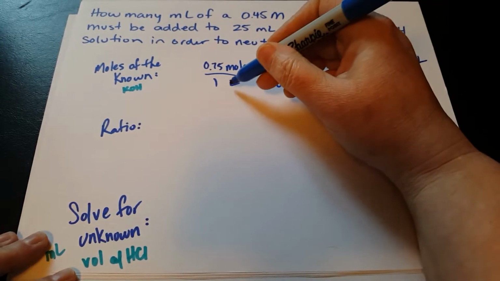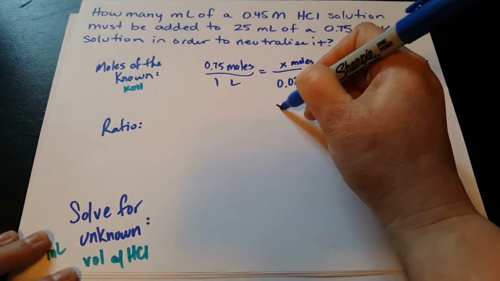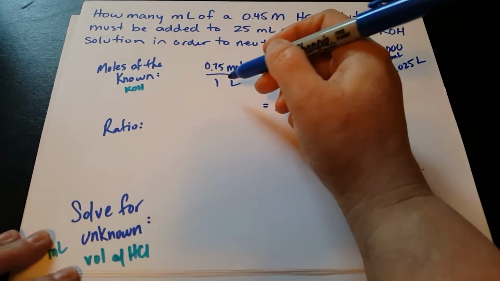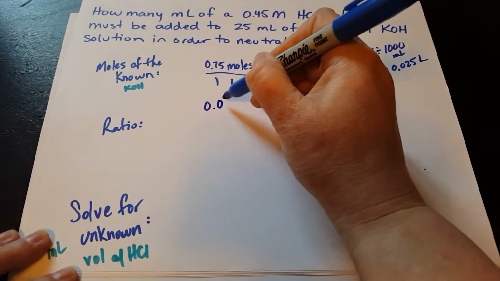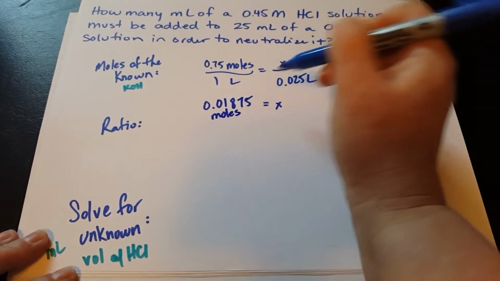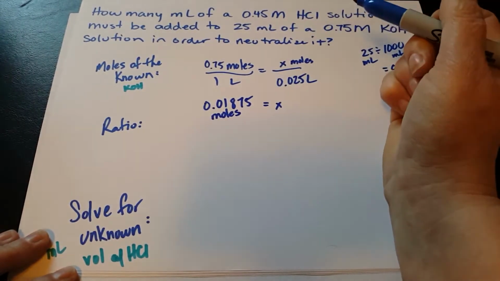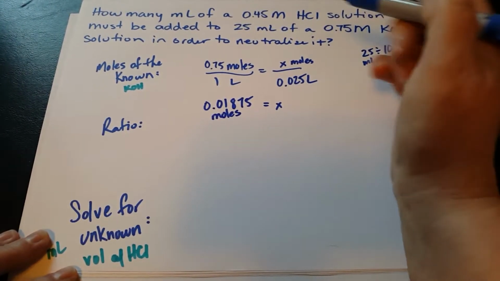So we're going to cross multiply 1 times X and our volume times the moles. And so we're going to get 0.01875 moles. So this is going to be the number of moles of KOH.